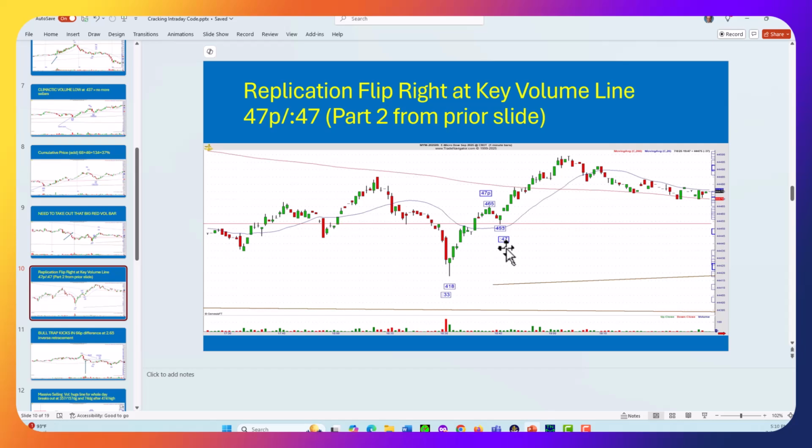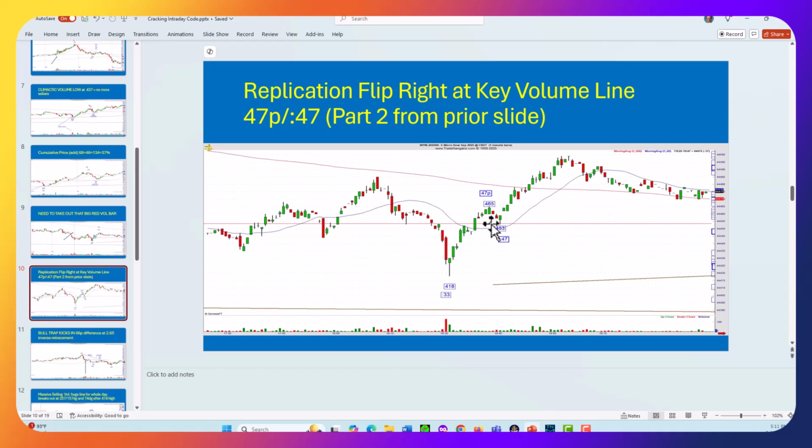Now, I told you at the top that we are breaking the code for intraday trading. That's not hype. That's reality, okay? And while this is a simple concept, 47 points, 47 time. Price and time square off perfectly. And why does this move kick in?